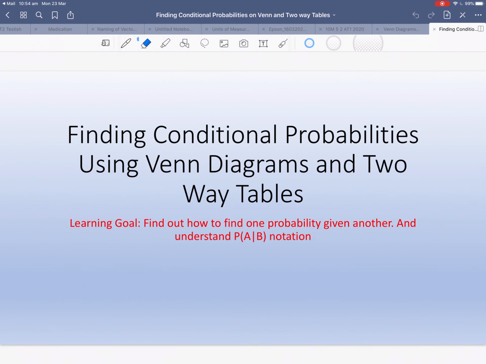So today's lesson is finding conditional probability using Venn diagrams and two-way tables, and really important is this language: find out one probability given another. This is what it means here, so we're going to use that notation.